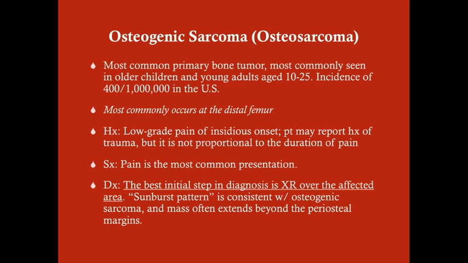It's not really known what relation this history of trauma has to do with osteogenic sarcoma, but there are a lot of patients who have osteogenic sarcoma who note a trauma in the past, and then the pain from that never really went away. So we really don't know what the trauma has to do with the pain from the osteosarcoma or what the osteosarcoma has to do with the trauma, but don't worry about that.